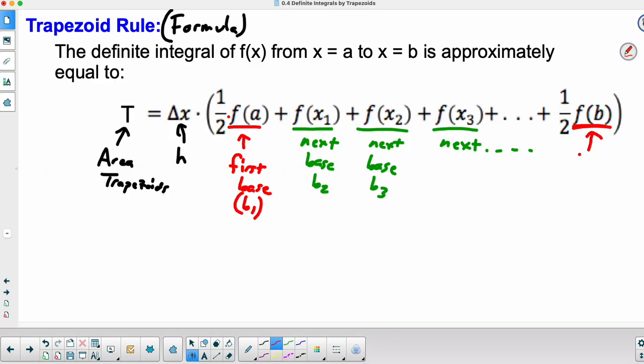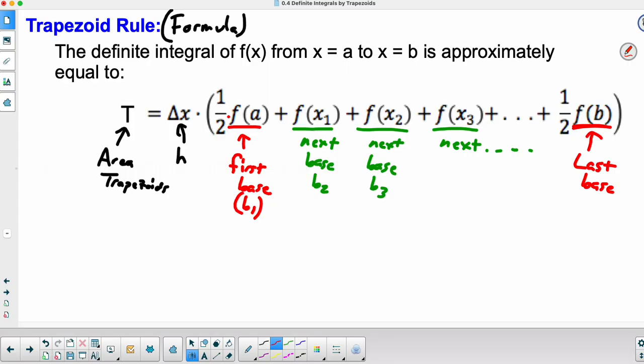This is whatever my last base is of those trapezoids. So that's the last base, but I have to take half of that. And so this formula is a fast way to streamline this. So again, maybe pause the video, make sure everyone jots this down. This is important to have.